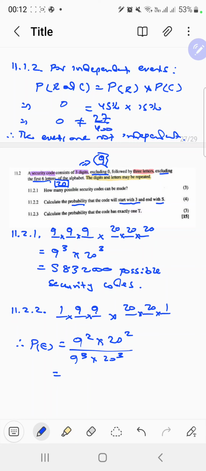So we have here 9 squared times 20 squared over 9 cubed times 20 cubed.